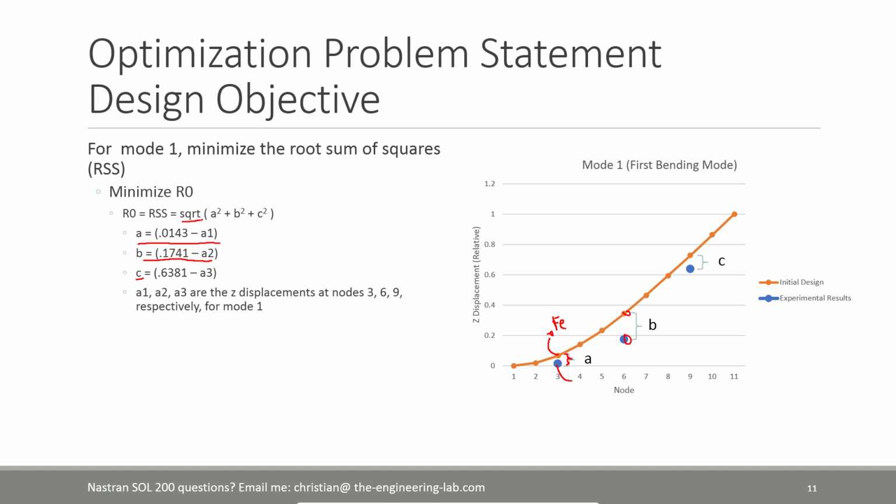Then I'm going to take the square root of A squared plus B squared plus C squared. So this is going to be my objective function. Our objective is to minimize this expression here. Generally speaking, we are saying that we want to minimize the error between the FE model and the experimental solution.